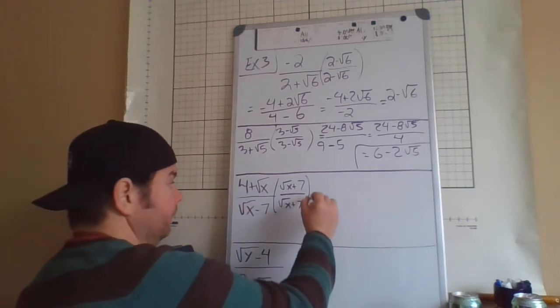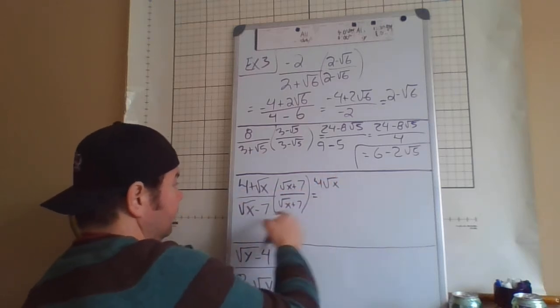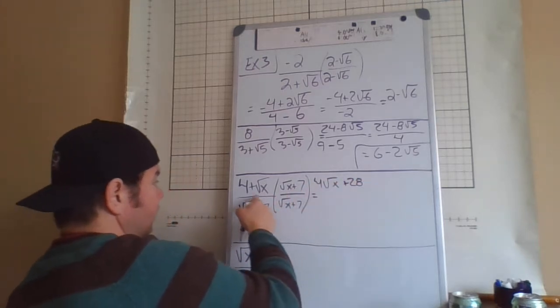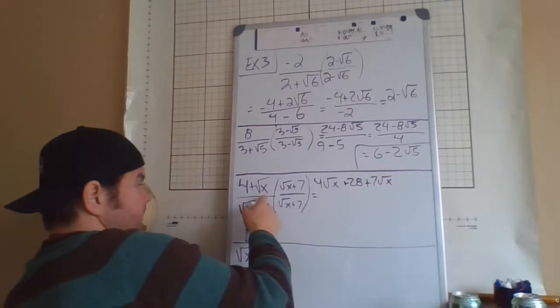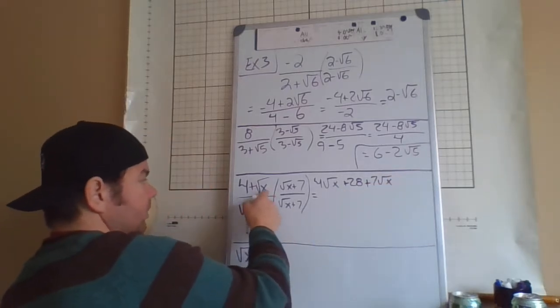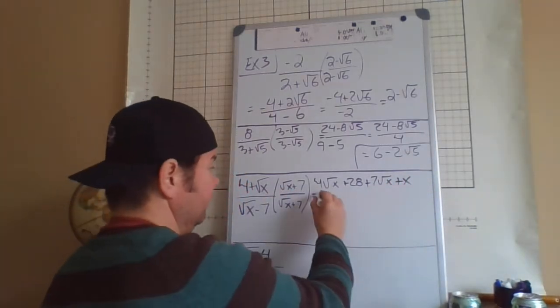But here's the result. 4 times square root of x, that's 4 square root of x. 4 times 7, that's 28. Square root of x times 7, that's 7 square root of x. And square root of x times square root of x is x. So we've got 4 terms in the top.